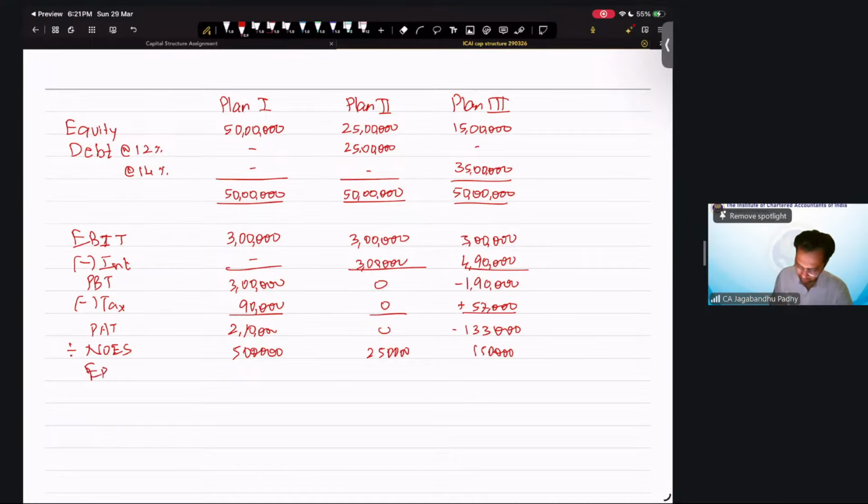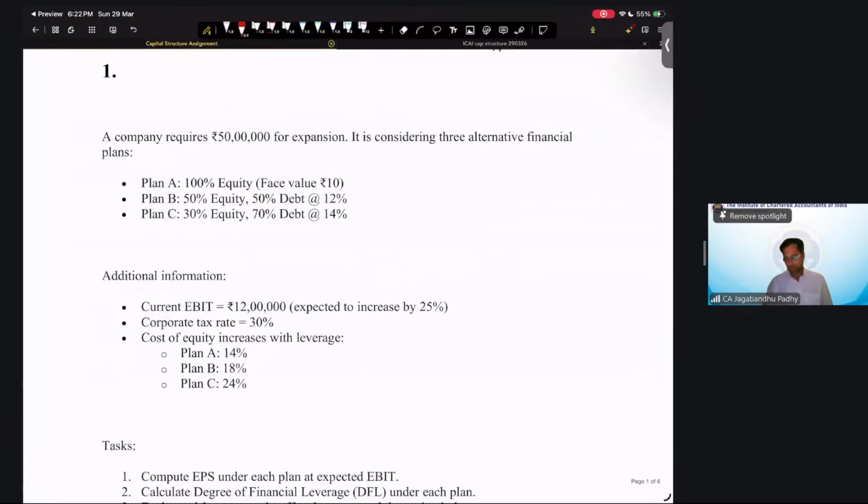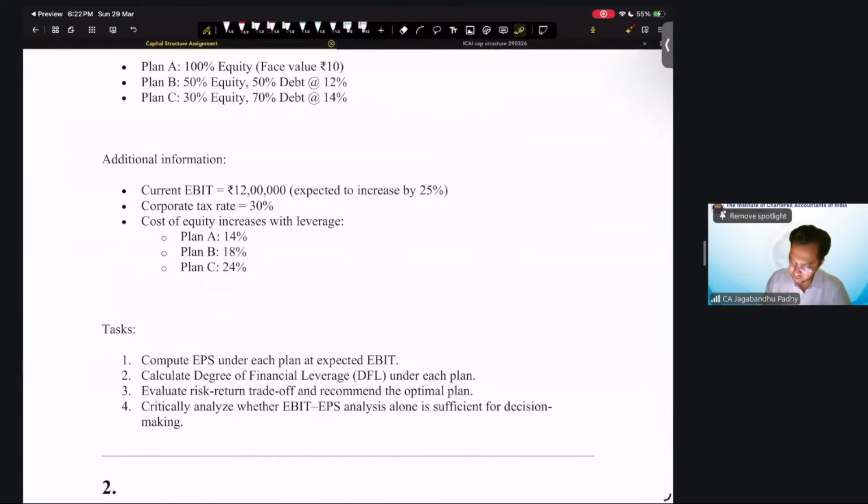We get the EPS. 2 lakh 10,000 divided by 5 lakh is 0.42, and this is negative 1 lakh 33,000 divided by 1 lakh 50,000. That's negative 0.89. Okay, so we got the EPS numbers.